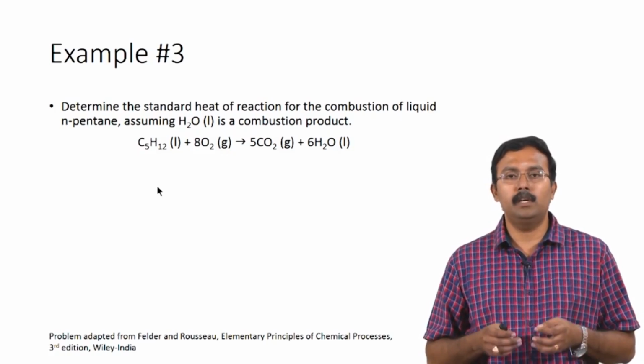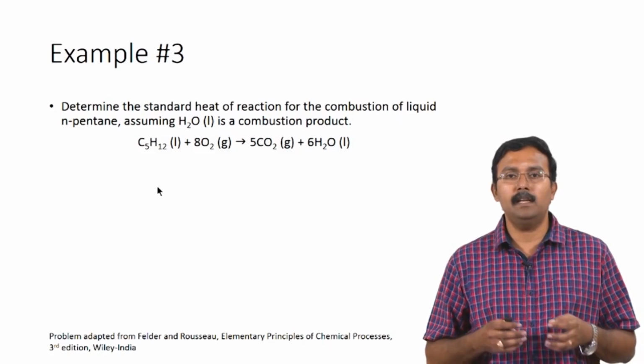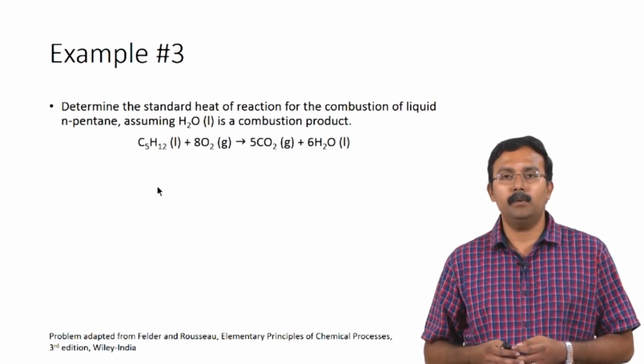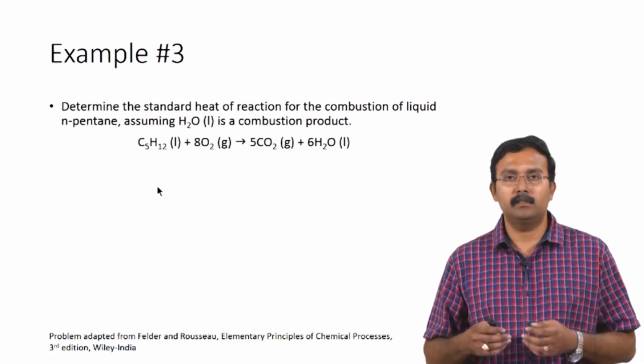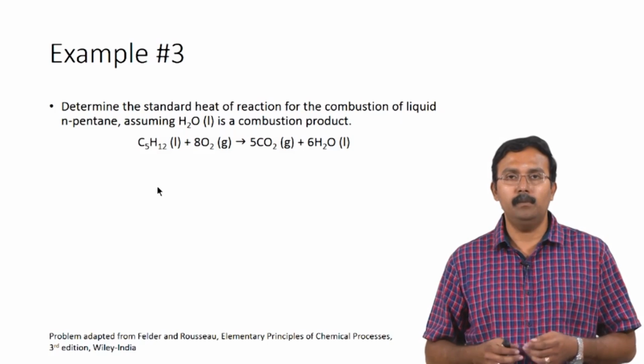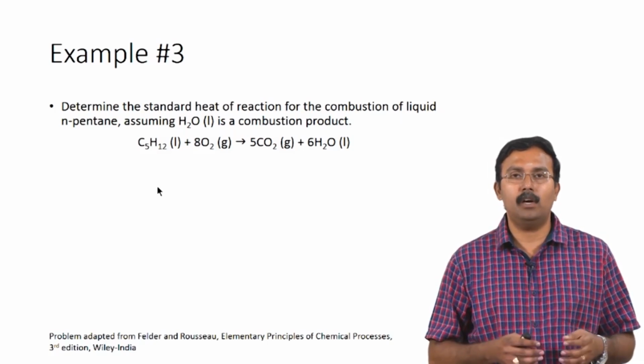So, we need to know the heats of formation for n-pentane, carbon dioxide and liquid water, and we can directly use these values and perform the calculations to identify the heat of reaction. While we do that, we will verify if Hess's law is obeyed.